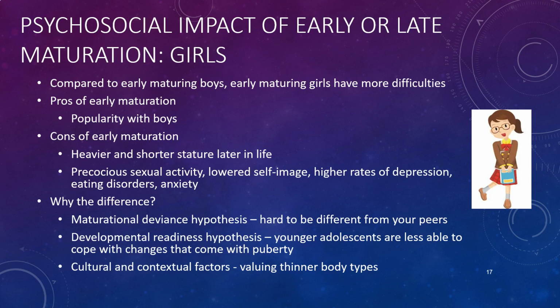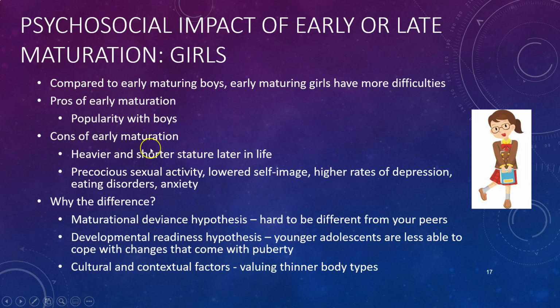And so early maturing girls end up looking very different from their peers. And that can be difficult for individuals at 10, 11, 12 years old, when sometimes it's very hard to be different. So pros of early maturation, boy, this should be with a big question mark, maybe popularity with the boys.